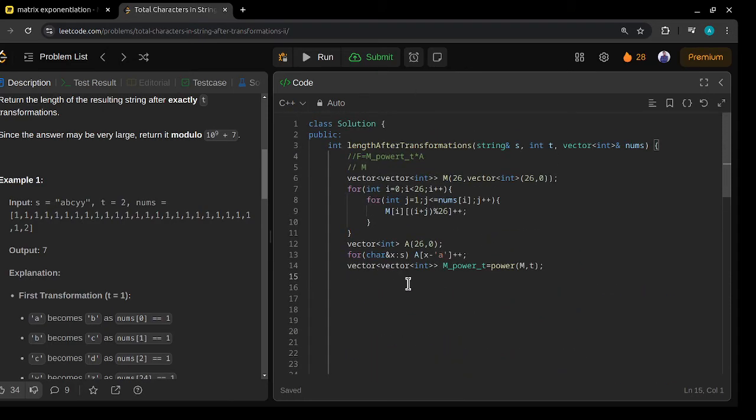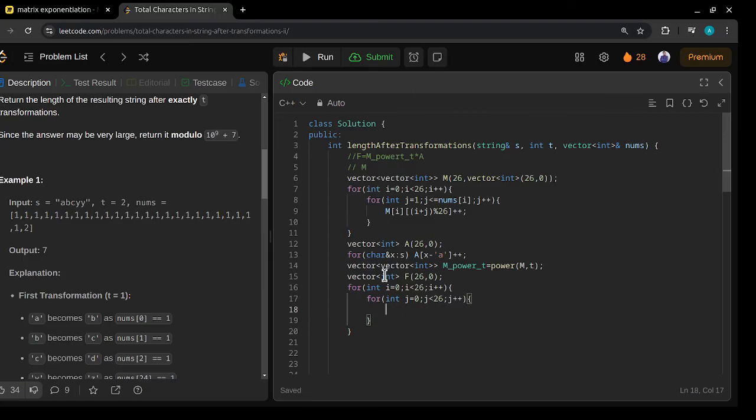After that, when I calculate this, I have to multiply it with the vector A and effectively store it in f. So vector of int f will again be of size 26 having 0 values. I have to multiply it: for int i equal to 0, i less than 26, i plus plus, and again for int j equal to 0, j less than 26, j plus plus.